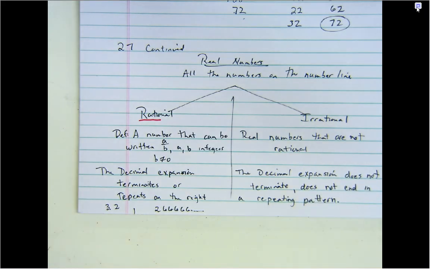So it does not end, it doesn't just stop, and it does not end in a repeating pattern. So I'm going to give you an example of an irrational number that doesn't end in a repeating pattern.